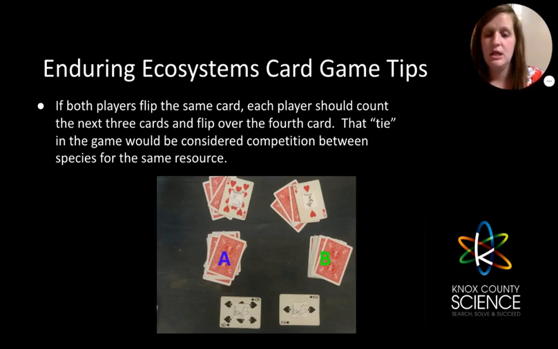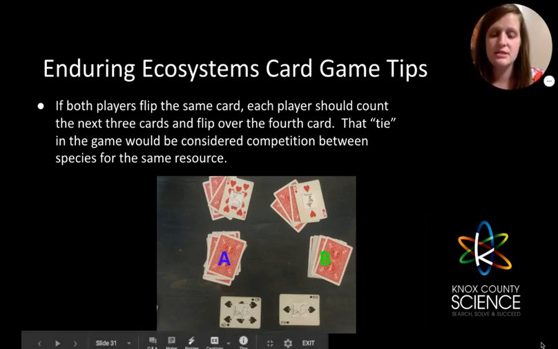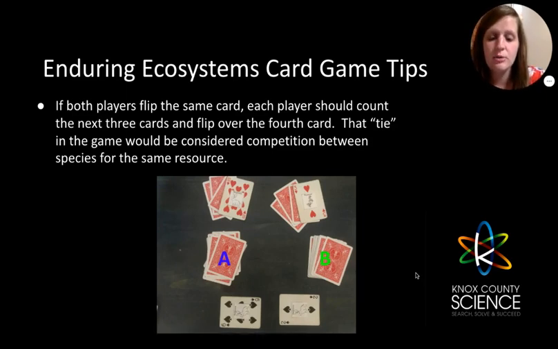In this example, the herbivore cards were placed by both player A and player B. Then they counted out their 3 cards, and player B laid down a producer, and player A laid down a herbivore.